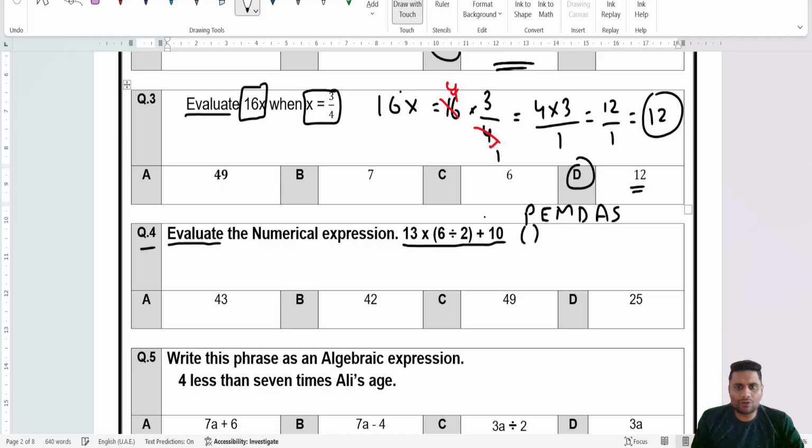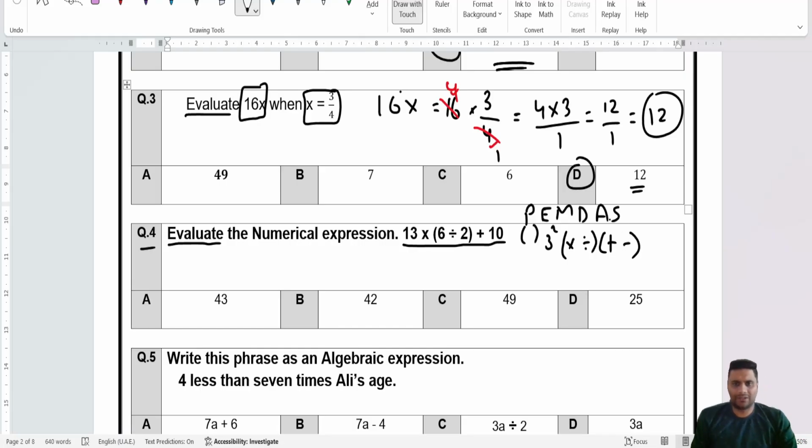If your expression has parentheses, you have to solve the numbers inside it. E means exponent. Exponent means power. For example, 3 power 2, 2 power 5 like this. M means multiply, D means divide. Both have same power. You can solve anything first. And plus and minus, they also have same power. You can solve anything first.